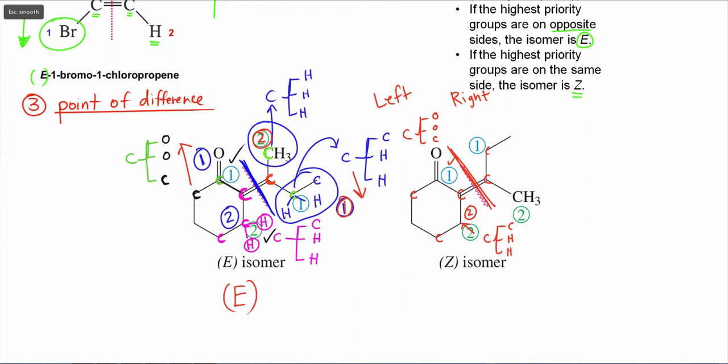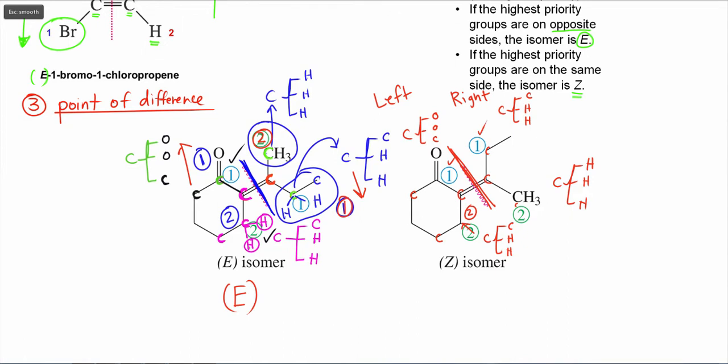So what I actually have here is a C bonded to a C, H, and a H. For this carbon, what I have is an H, an H, and an H. So C, H, H beats out H, H, H. So this gets priority 1.